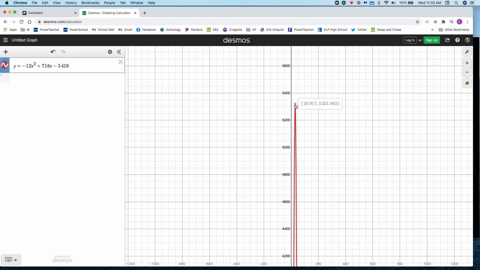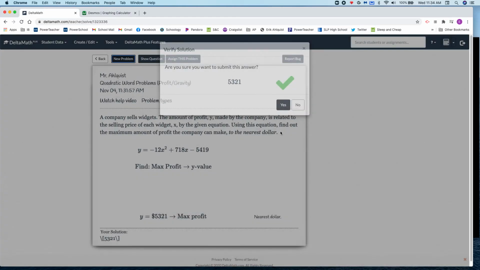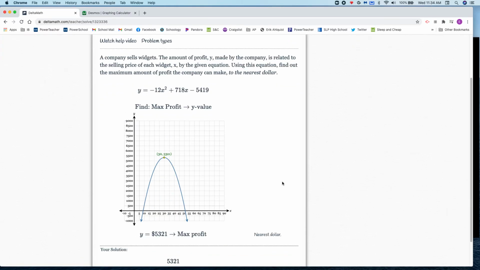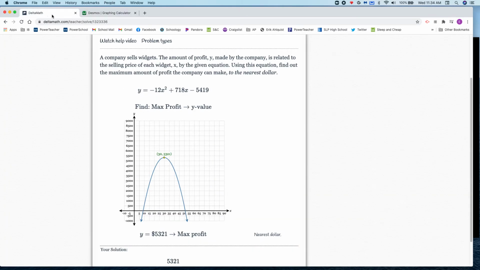Notice you click on it and you get the tippy top value. So 5,321 widgets. So if I go here to here, my profit is 5,321. And that should be the right answer. And sure enough, that's my picture. So I can use Desmos to get me there.